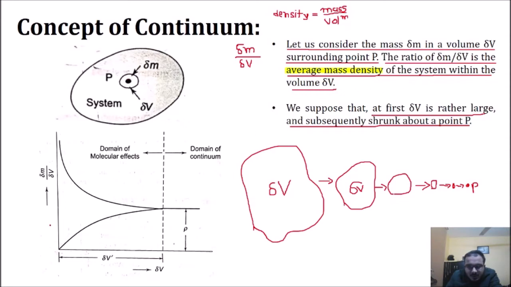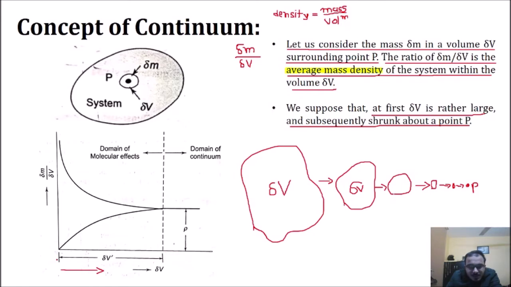So on this graph, if you see, here we are having the variation in volume in the x direction. What is happening here is that volume is increasing.